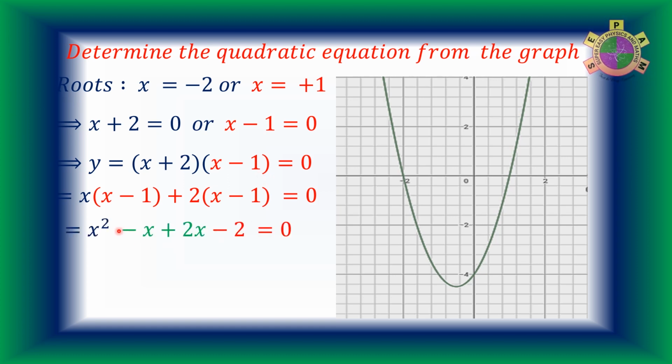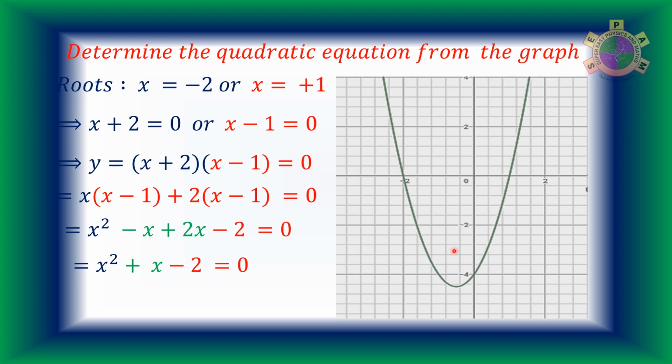When we carry out that expansion, we have x multiplied by x gives x squared, x multiplied by negative 1 gives negative x, plus 2 multiplied by x gives plus 2x, then plus 2 multiplied by negative 1 gives negative 2. If we simplify this, we have negative x plus 2x, which gives us plus x.